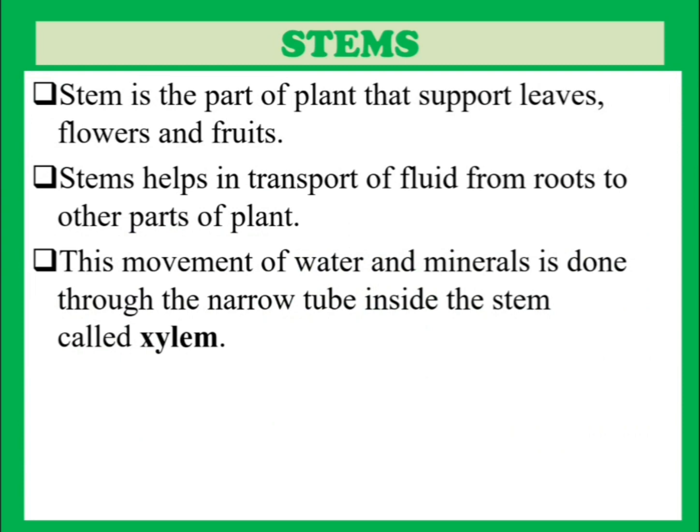We will discuss roots in detail in our next session. For now, we know that roots absorb all the nutrients and water present in the soil. But these should be transported to other parts of the plant also, right?